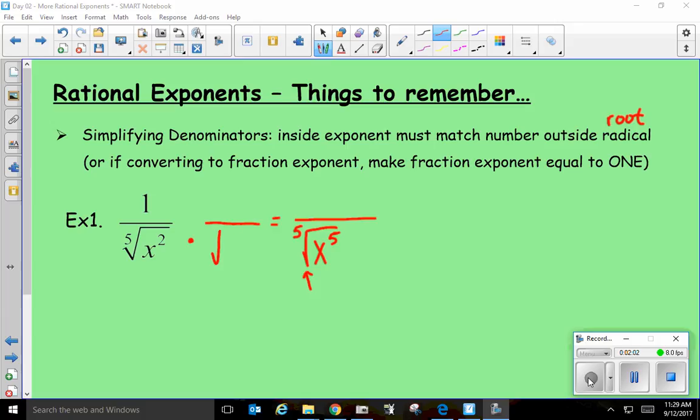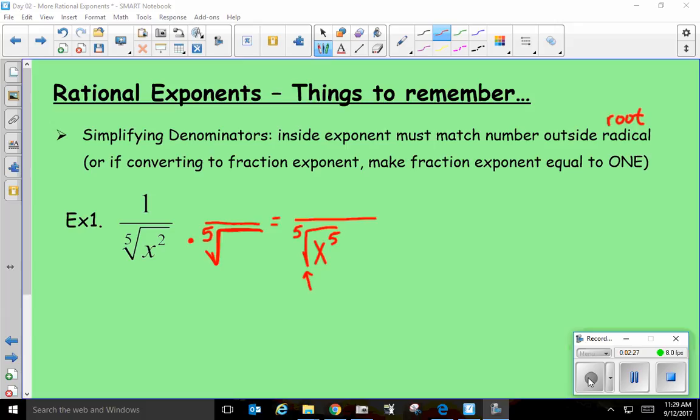I'm going to put something here. What does this root have to be for this here? What does the root for this radical I just drew need to be, this root on the outside here? 5. So look at it.